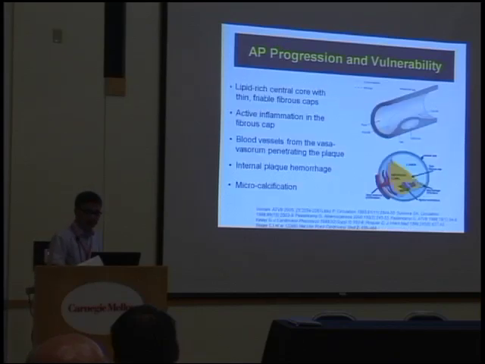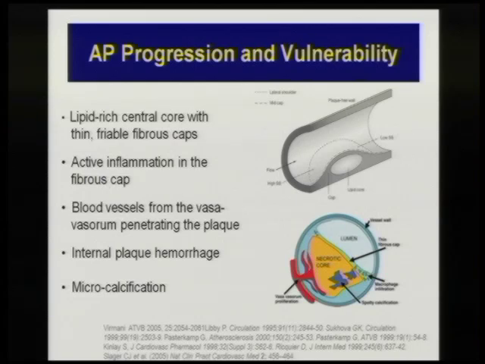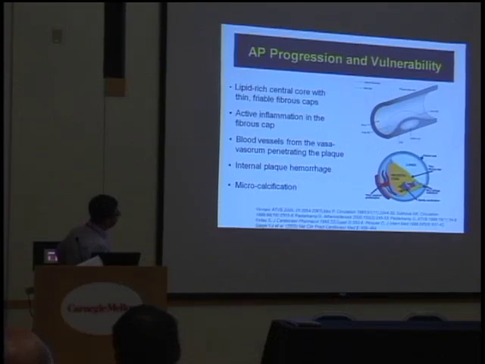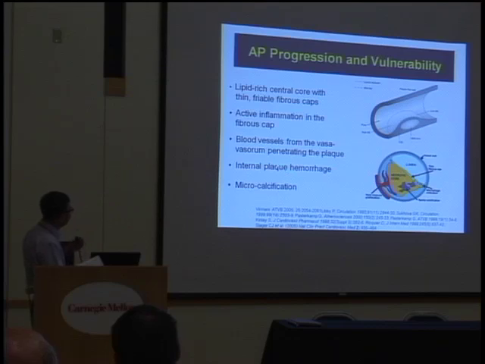What they have found so far is that there are various features of rupture-prone plaque: a lipid-rich central core with a thin fibrous cap. Ongoing active inflammation on the thin fibrous cap continually weakens it.